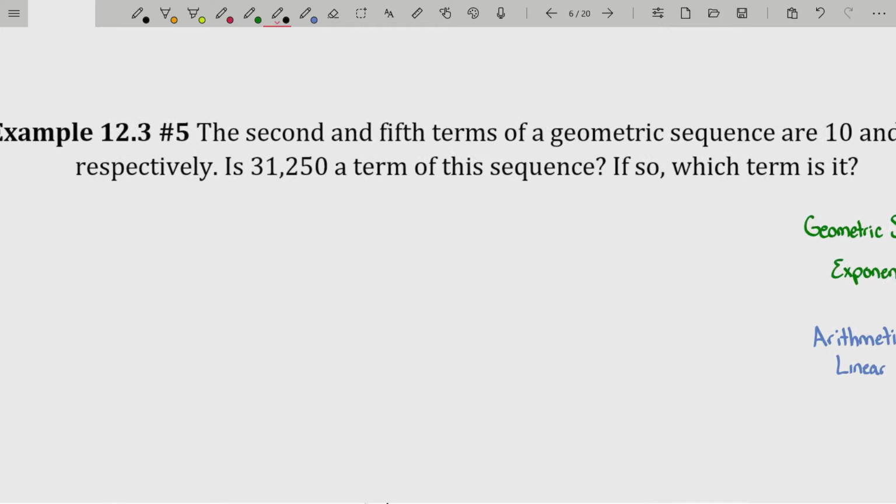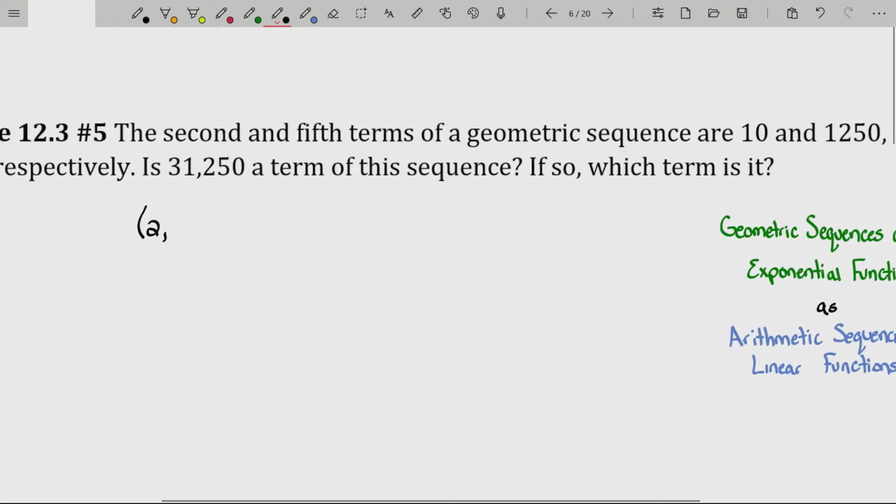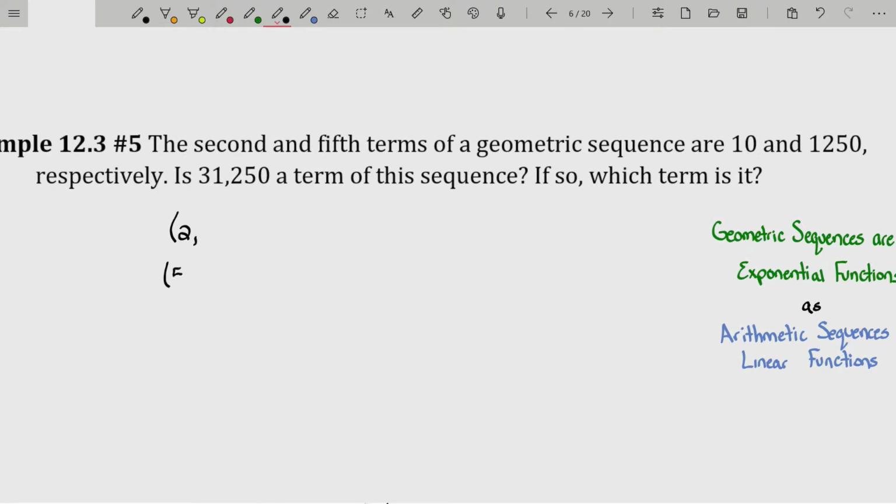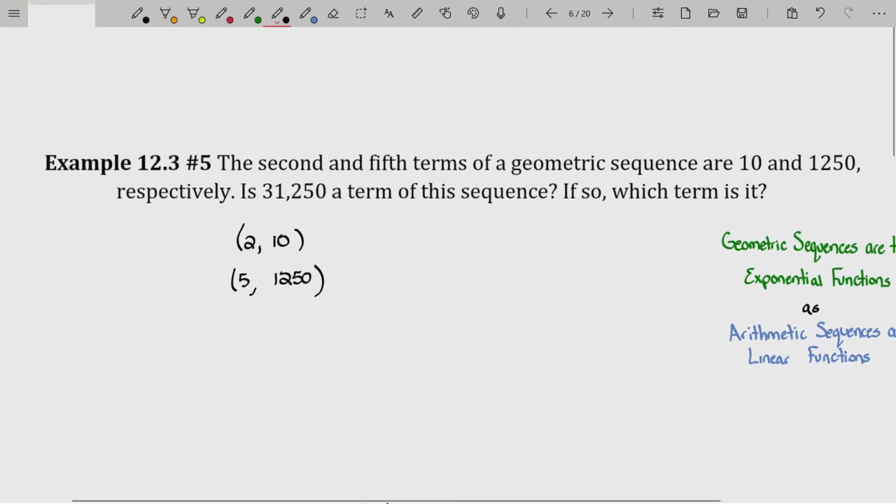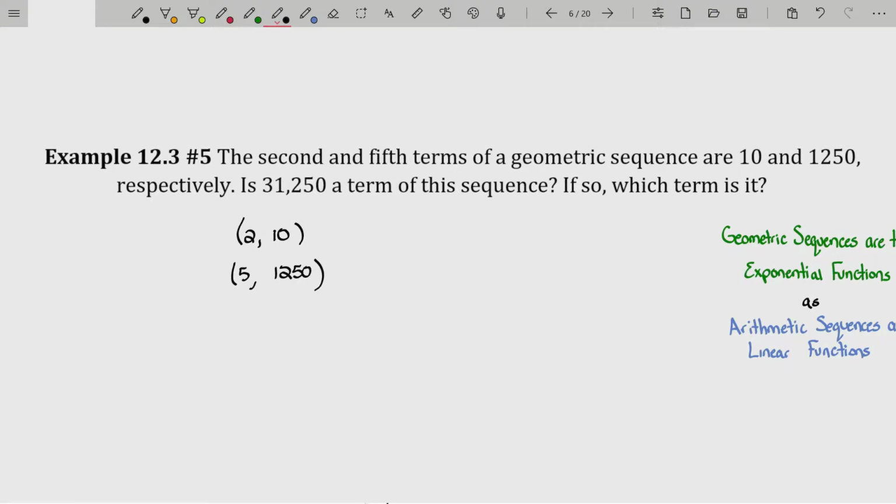So in this case, they're telling us the second term, which I'm going to write as a point, and the fifth term, which I'm going to write as a point, are 10 and 1250 respectively. So 2 goes to 10 and 5 goes to 1250.